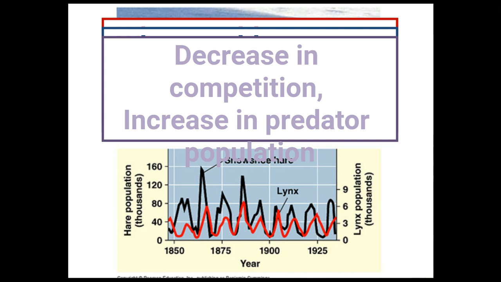If it has less competition, that means they're able to breed and make more lynxes in the process, so they also increase. But then there reaches a critical point where there's way too much competition going on, because they're eating up all the hares. So once the hare population starts to decrease, then the lynx population starts to decrease as well.